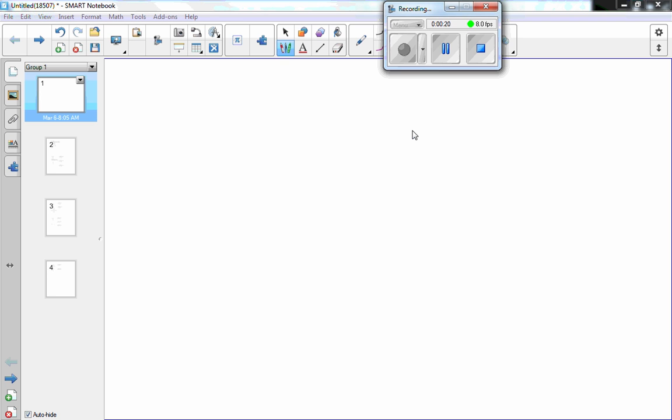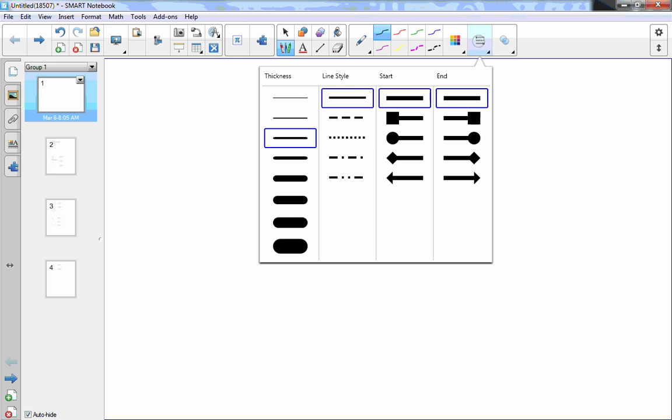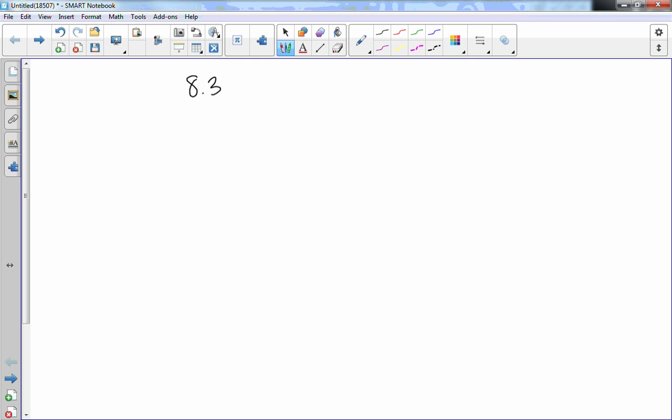On a piece of paper, first I want you to just look at a couple similar problems. And this is the 8.3 washer and disc method.